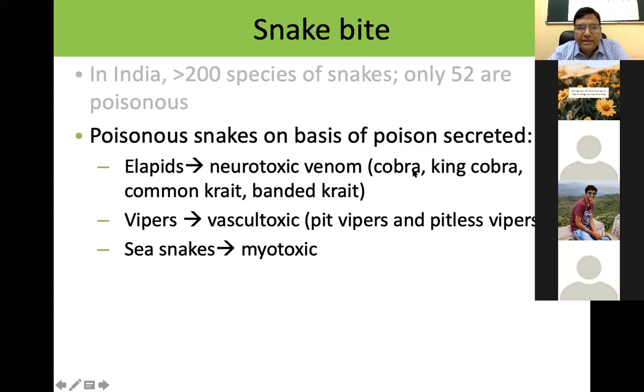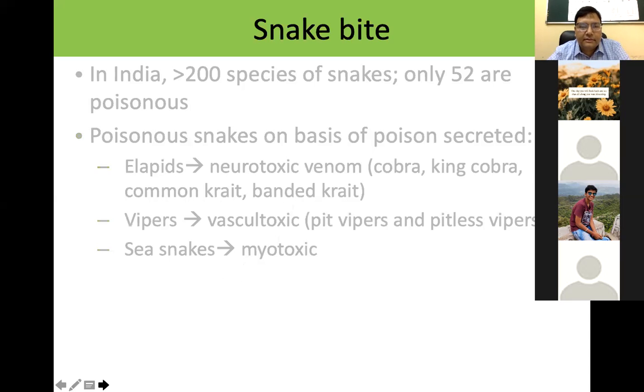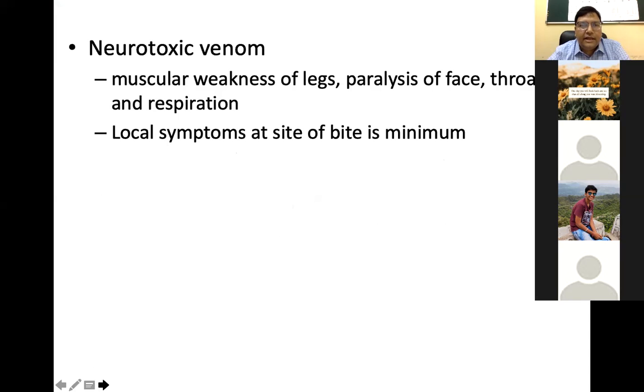The elapids include the cobra, king cobra, krait, or the banded krait, while the vipers are vasculotoxic, and the sea snakes are myotoxic. In the neurotoxic venom, there is muscular weakness of legs, paralysis of face, throat, and respiration. But there are no local symptoms at the site of the bite.